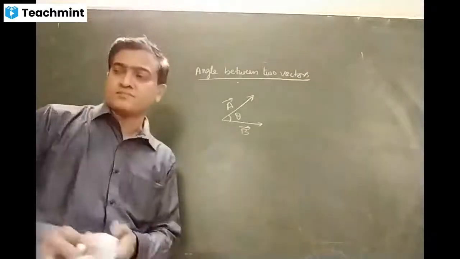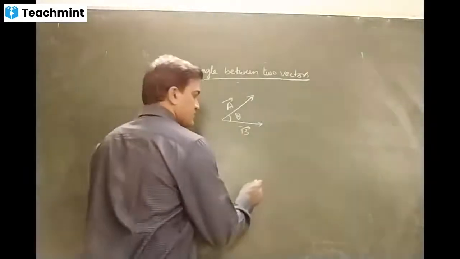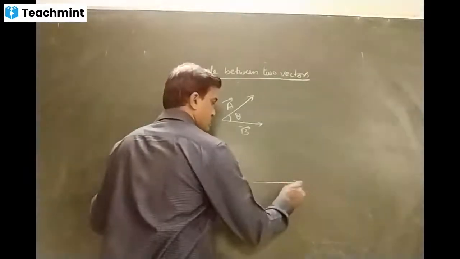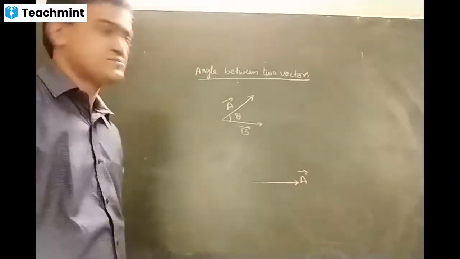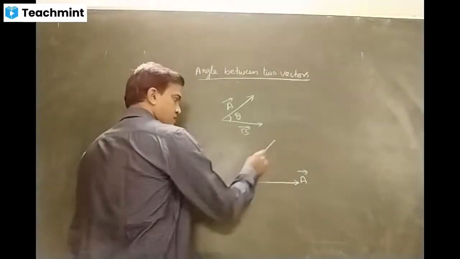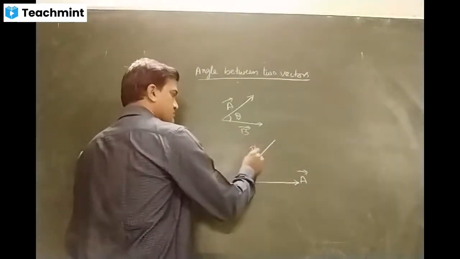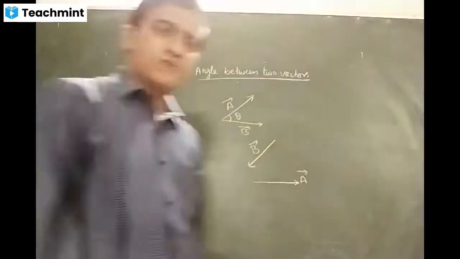Now, for example, if I give you two vectors in such a way, let me take this as A bar, and if I give you another vector B bar, then what do you have to do?